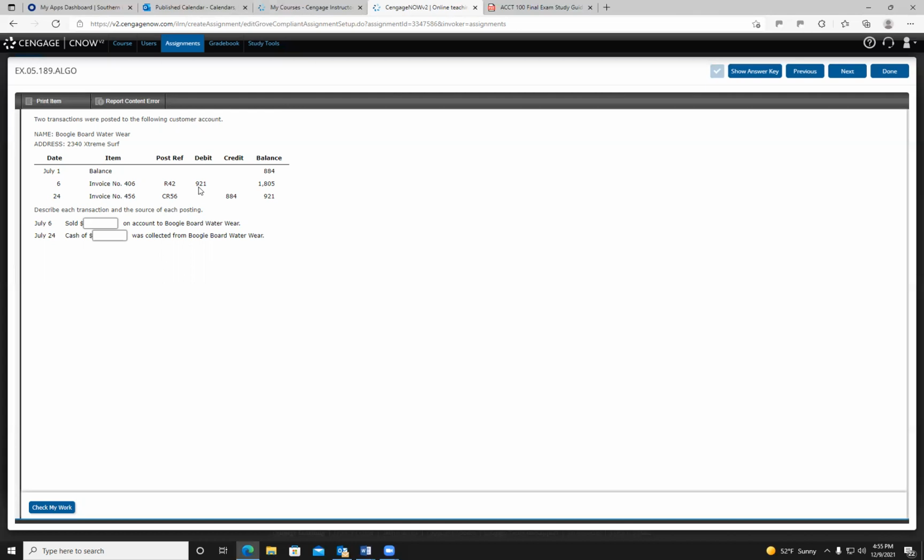So this first clue tells me that on July 6th, we sold $921 on account to Boogie Board Waterware, because our post reference is Revenue Journal, page 42. That's what that R42 stands for.